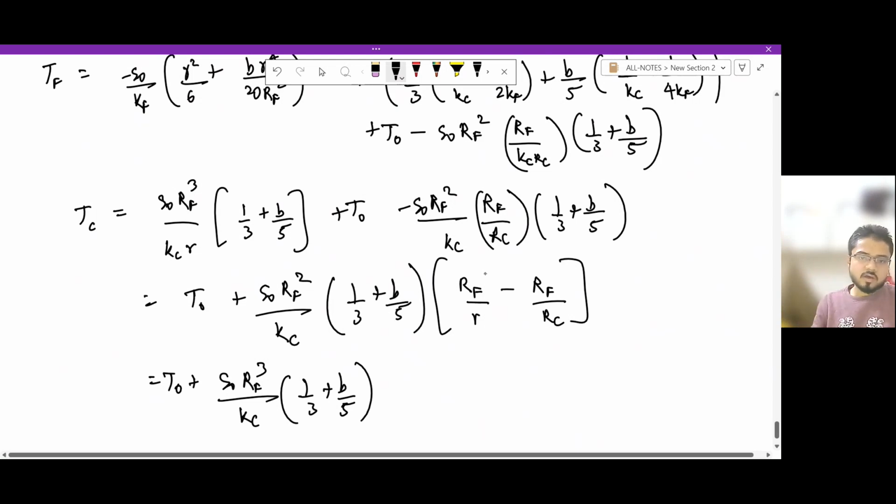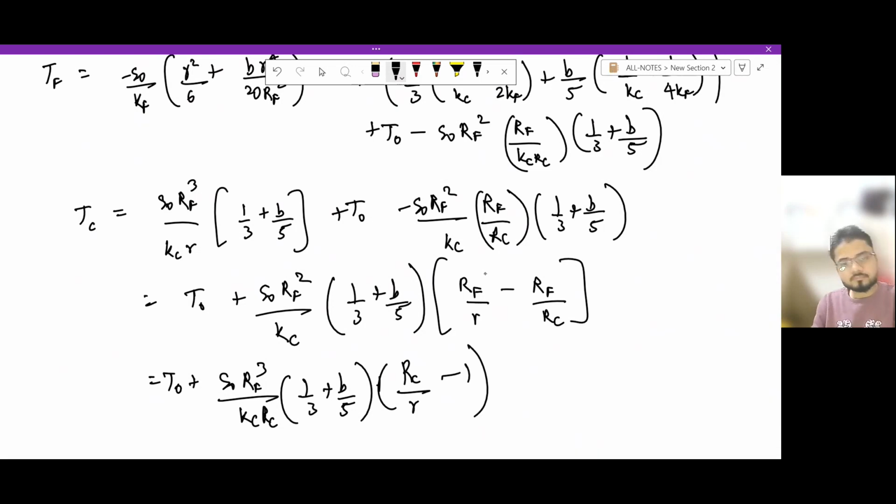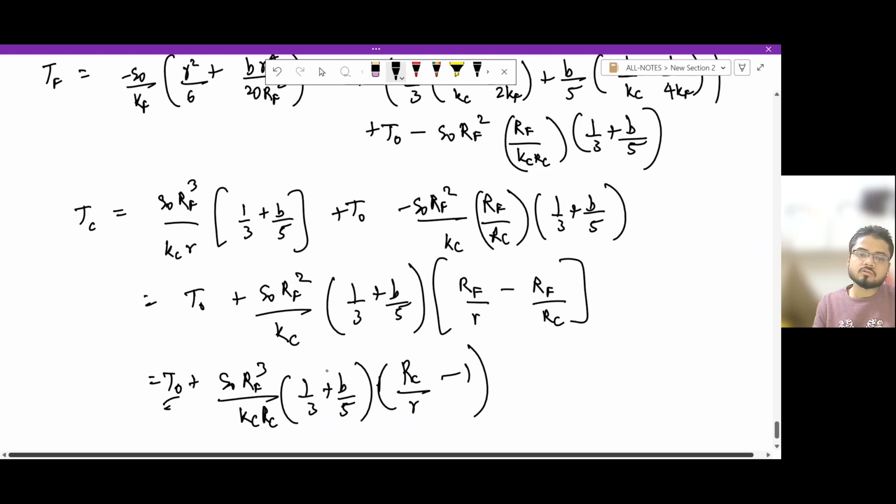And maybe you could also have 1 over RC here, and you could write it as RC over R minus 1. Not bad, right? And you could always put R equals to RC to observe that this entire thing becomes 0, and what you're left with is T naught. So it also satisfies the original boundary condition that we took. So TC is this.